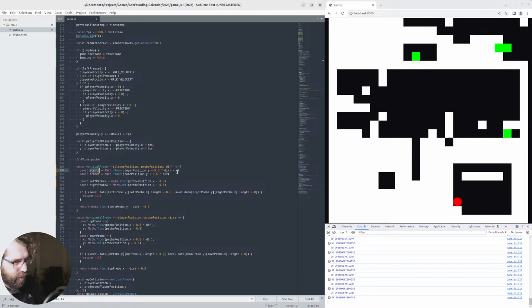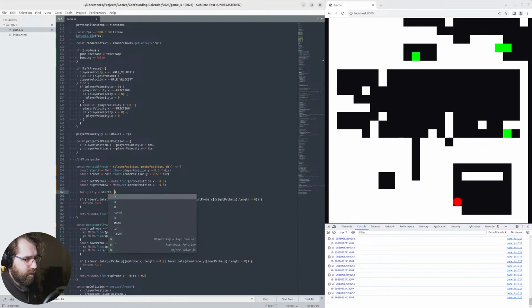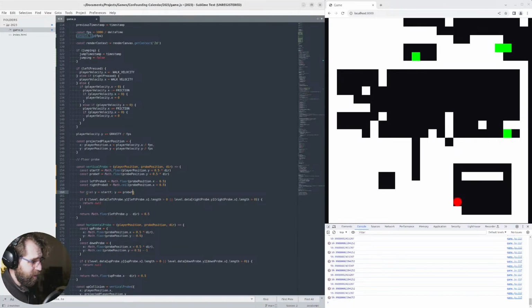So we'll loop between start Y and probe Y in their direction, because we might be going upwards. So for let Y equals start Y, Y is less than or equal to probe Y, Y plus equals dir to go the right direction.